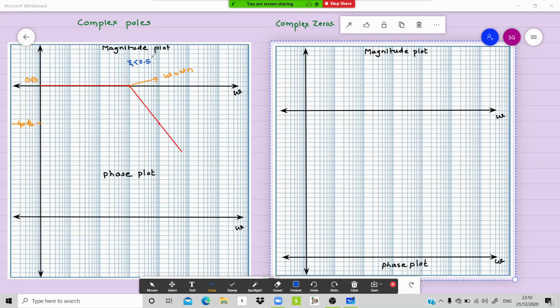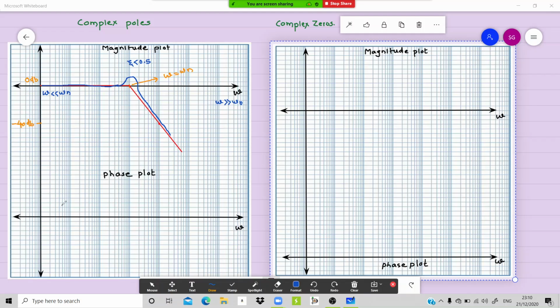We had seen that if zeta is less than 0.5, then there is a peak at this point. So this point is when your omega is very much less than omega n. This is equal, and this part is the frequency when omega is very high, right? So what is going to happen now with blue? I am trying to draw the curve, at this point you will find, yes, a peak is there, and then it is going to follow this line.